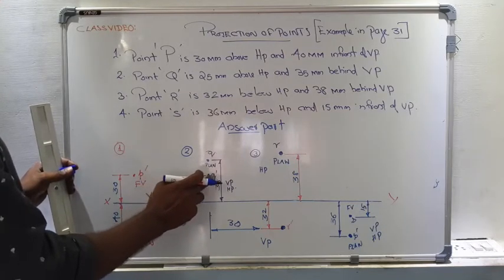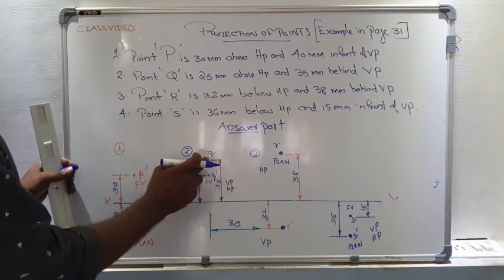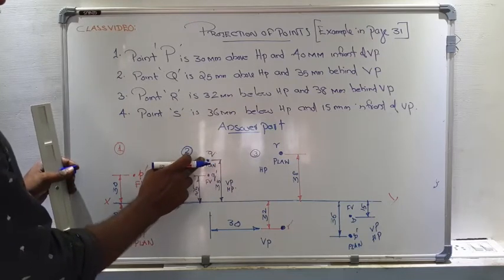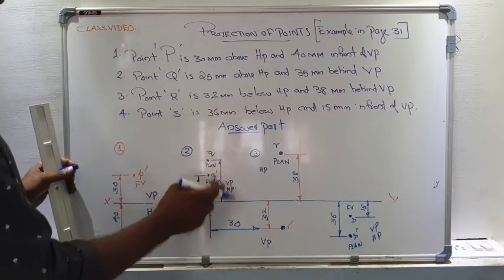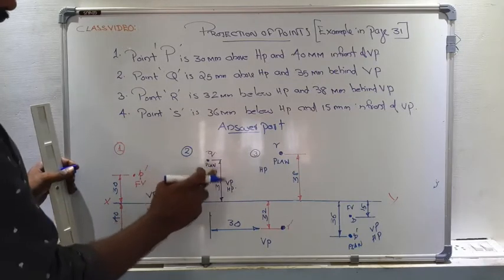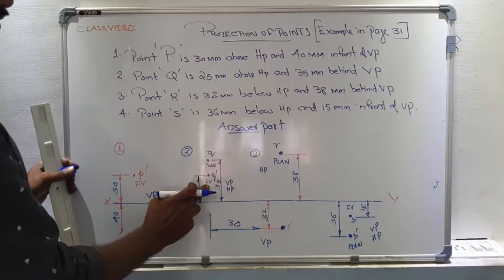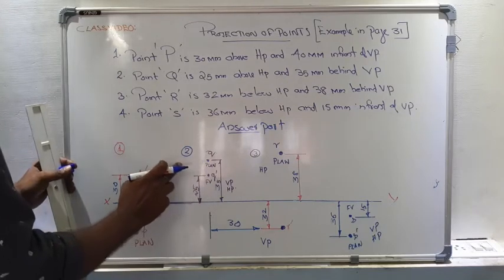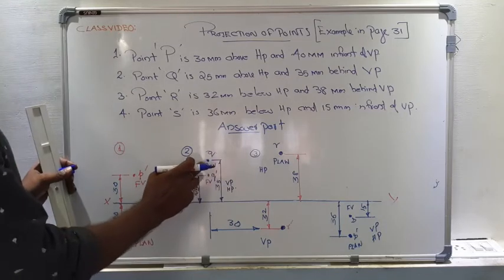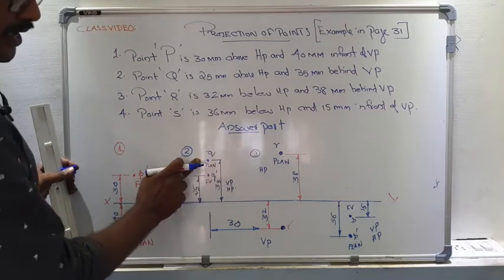That point is marked with letter Q dash, and next step we have to project its plan on HP, keeping in the same line. Put a point here, keeping the distance 35 mm from the XY line. That view is called plan, and this is called front view. In the case of the second quadrant, both front view and plan come above the XY line.